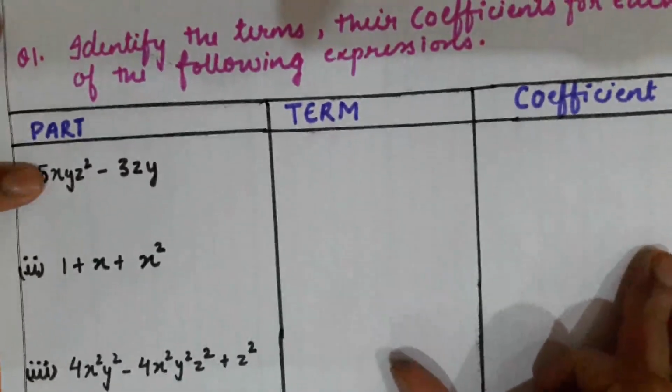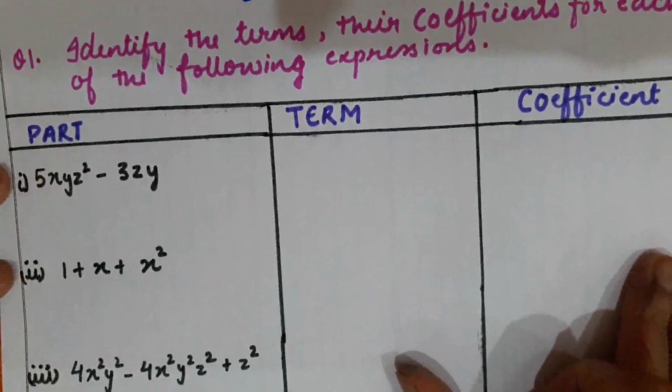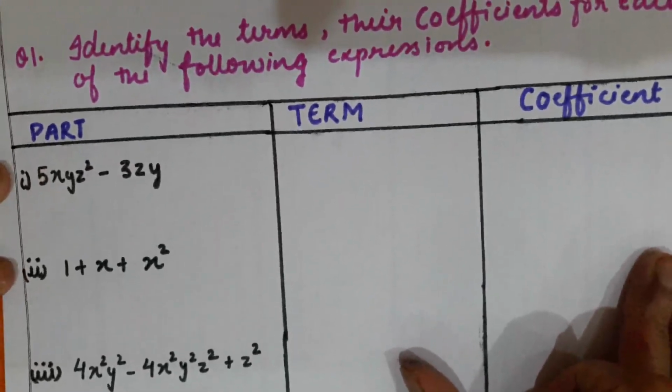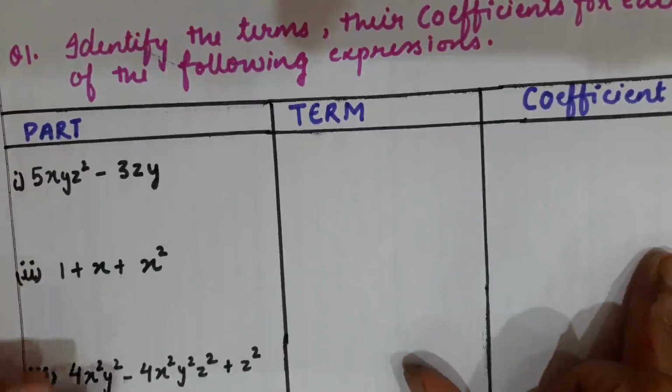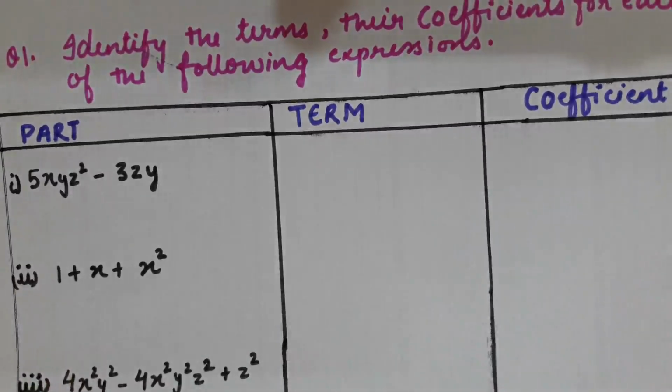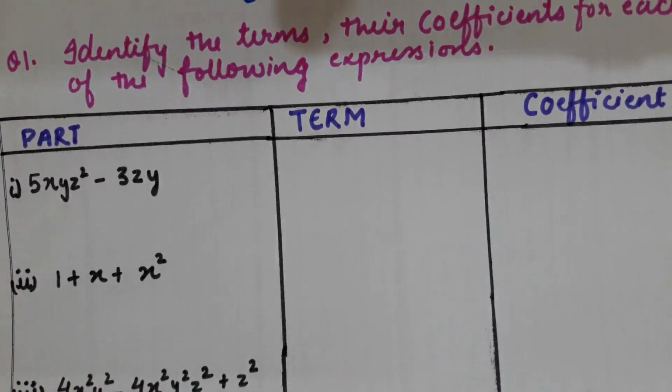In the first question we have different parts, a total of 6 parts. We have to write the term and coefficient of the following. Let's start with the very first part, that is 5xyz square minus 3zy.